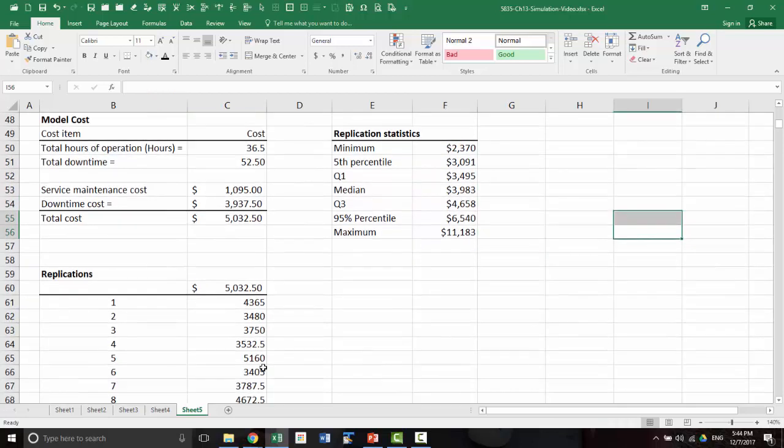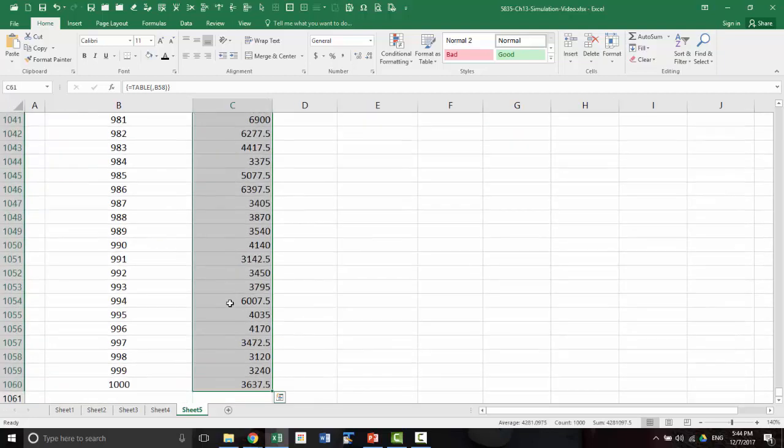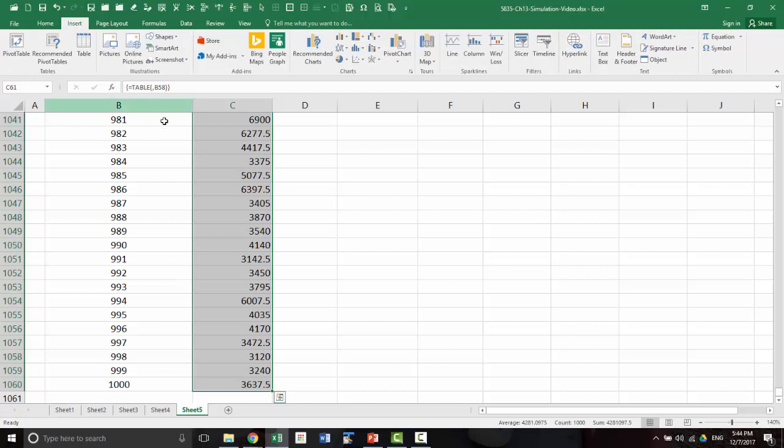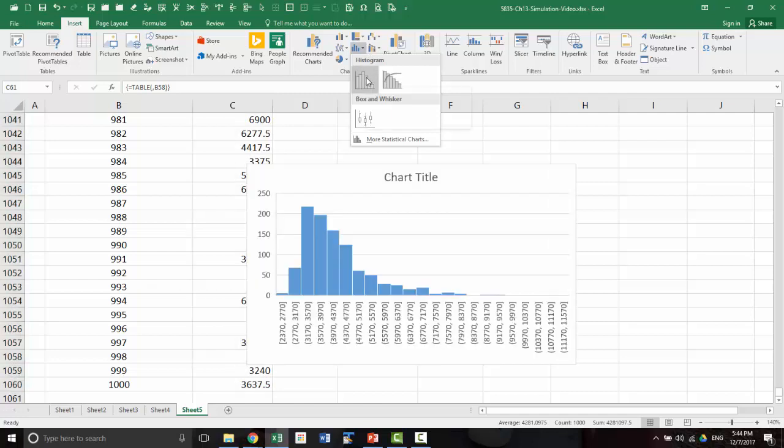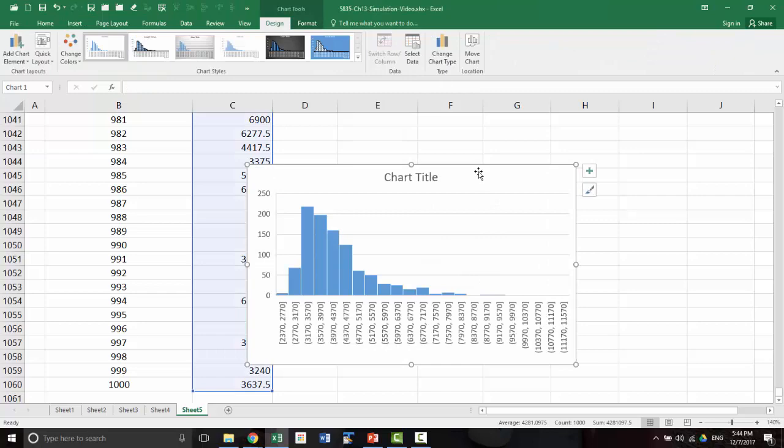All right. So now we can generate some graphs. Suppose these are the replications. So we can go and do insert. Okay, so here do a histogram. So histogram.